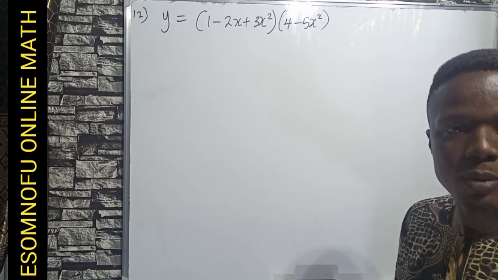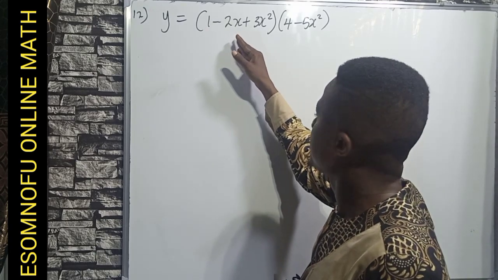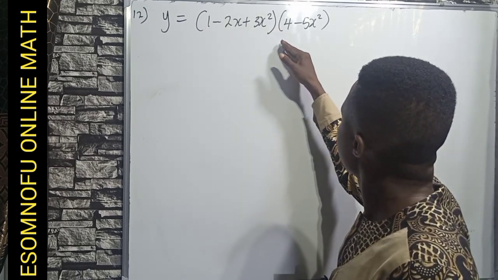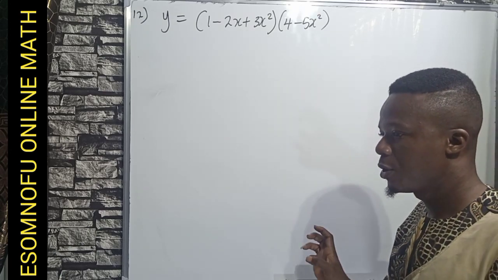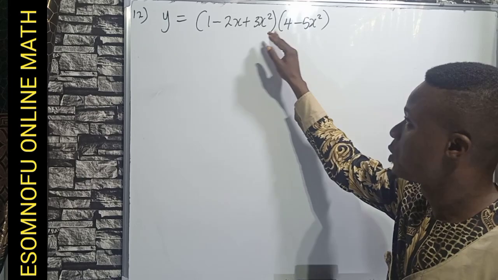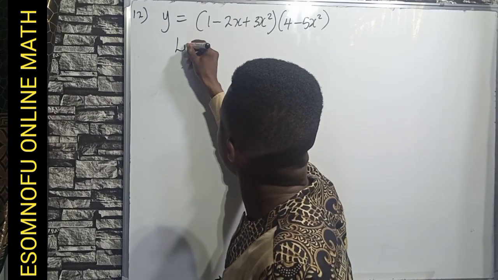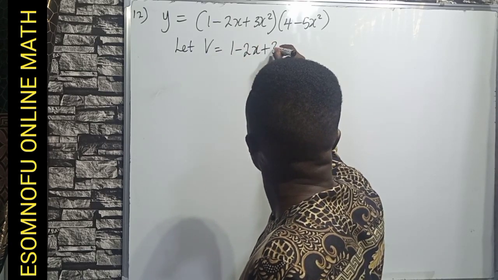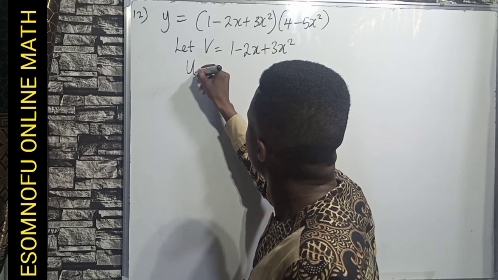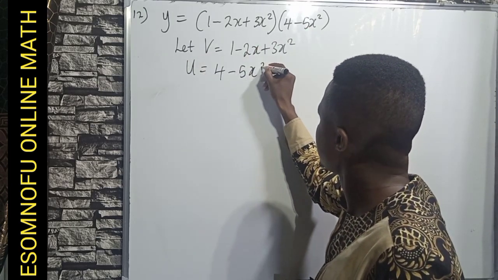Okay, in question number 12, we have that y is equal to 1 minus 2x plus 3x squared, into 4 minus 5x squared. This is still a product rule because you notice here that one bracket is multiplying another bracket. So let v be equal to 1 minus 2x plus 3x squared, and u become the second bracket, which is 4 minus 5x squared.